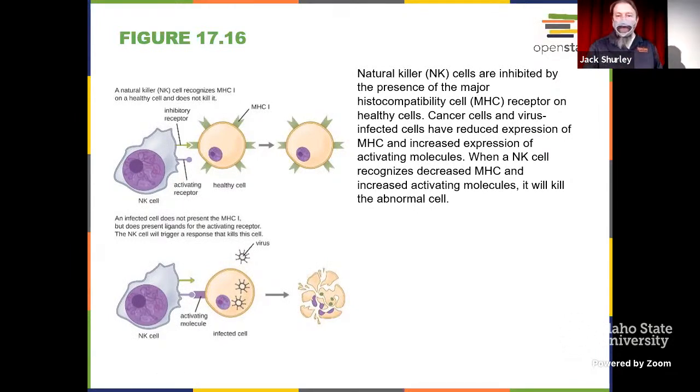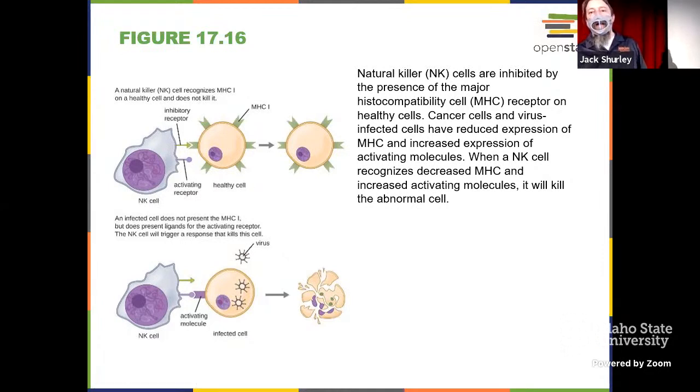Natural killer cells, these guys are also different, and they're sort of like a cytotoxic T cell. They are different than that, but they do bear some similarities to that.